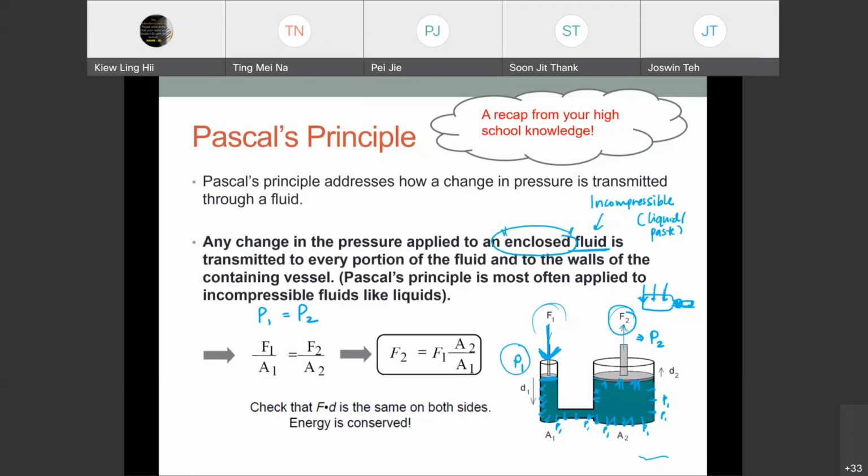Okay, so this application also led the scientists to invent the hydraulic pump. Which is very helpful, especially in car repairing.